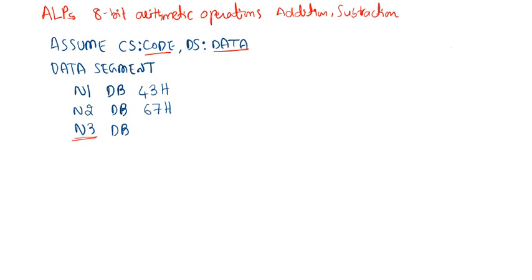So no initialization is required here, but you can initialize with any character. I am initializing with a question mark, for our understanding. n1 is defined, n2 is defined, and n3 is just declared, but not initialized.